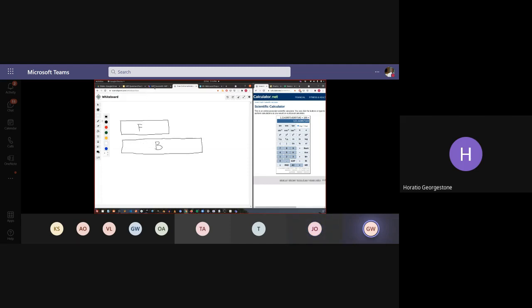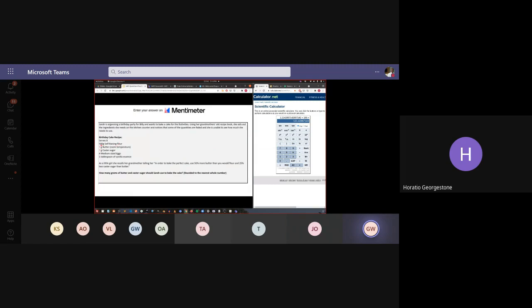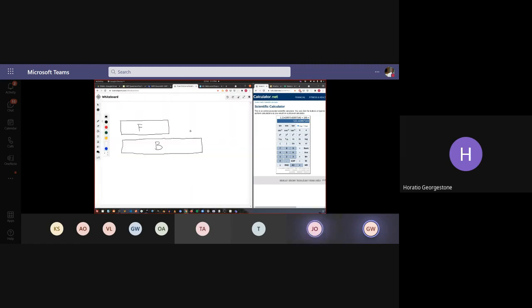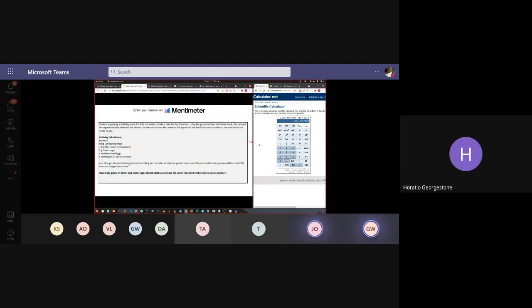Okay, so the flour is 500 grams. So in other words, what we want is 150% of that. So the flour is 100% of the flour, because that's itself. Every number is 100% of itself. The butter should be 150% of the flour, or in other words, 1.5 times the flour. So the flour is 500 grams.